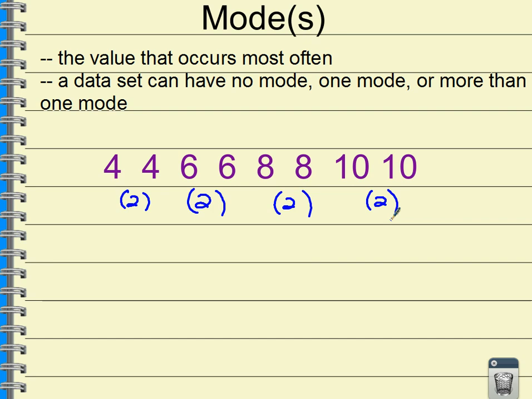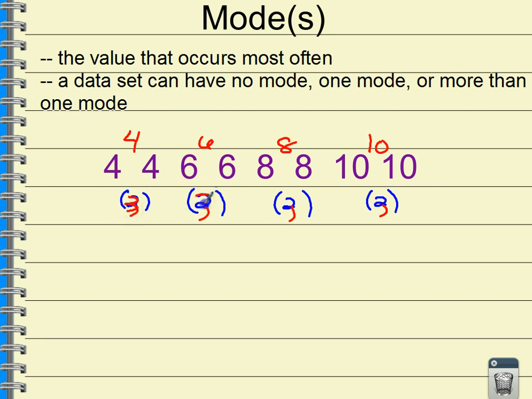If they all occurred 3 times, let me draw that out there. Maybe there was a 4, another 6, another 8, and another 10, and they all occurred maybe 3 times. I'll just change these into ugly 3s for you. Those don't really look like 3s, but you know what I'm getting at.